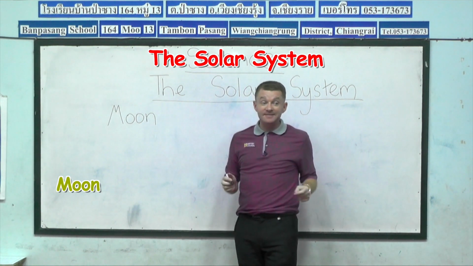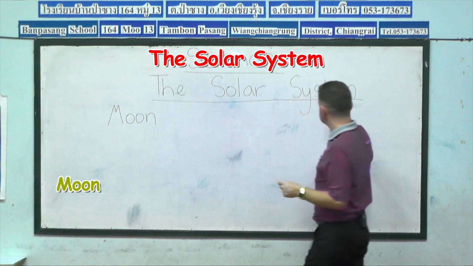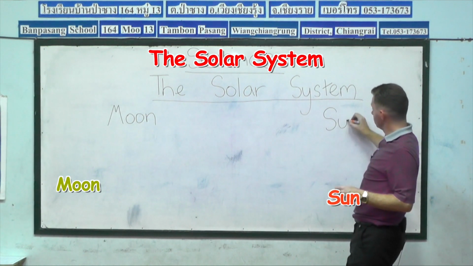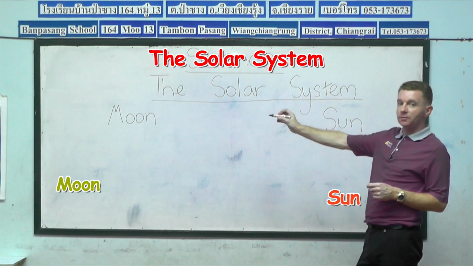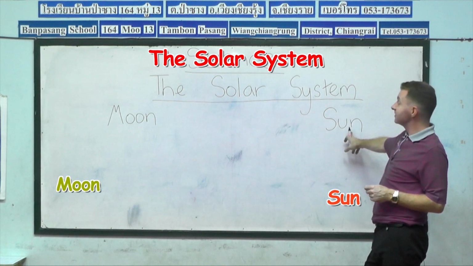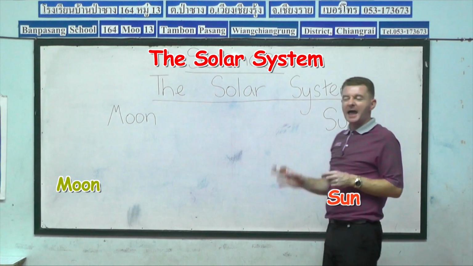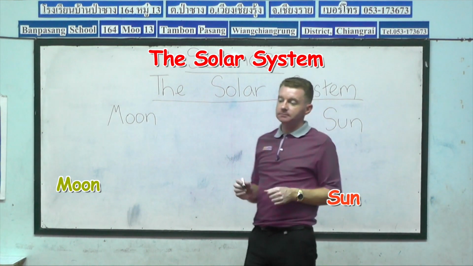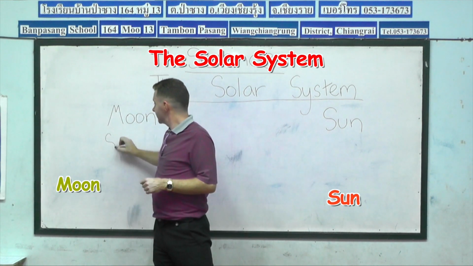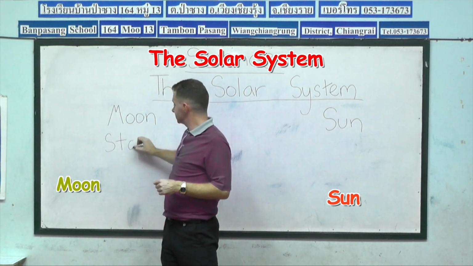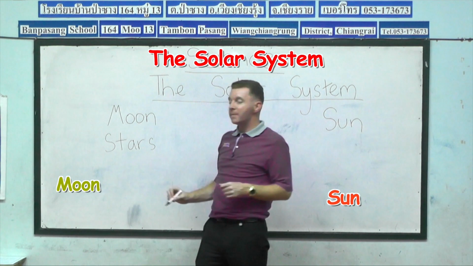What do we see at daytime? The sun, yes. S-U-N. At nighttime, the moon comes out, and over daytime, we see the sun. Is there anything else we can see over nighttime? Stars, yes. The moon and stars all come out at nighttime.